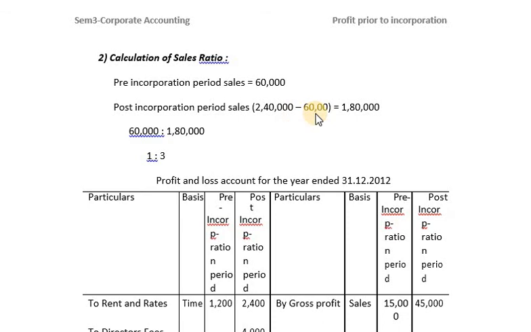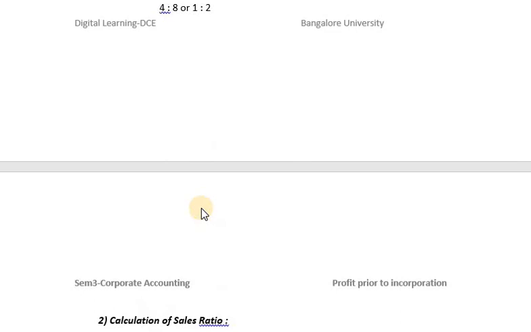So 2,40,000 minus 60,000 gives 1,80,000. Your sales ratio will be 60,000 to 1,80,000, that is 1:3. Observe carefully, my dear students.